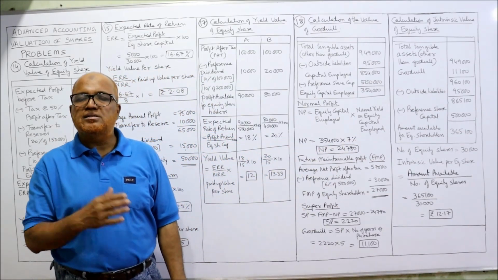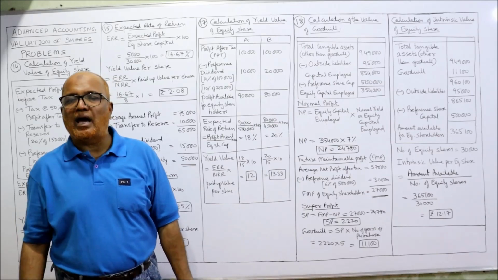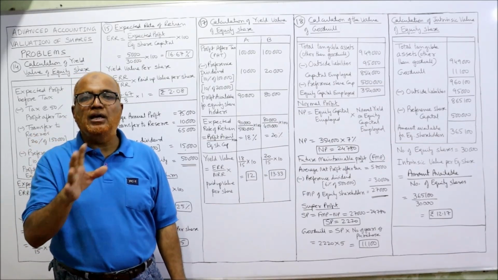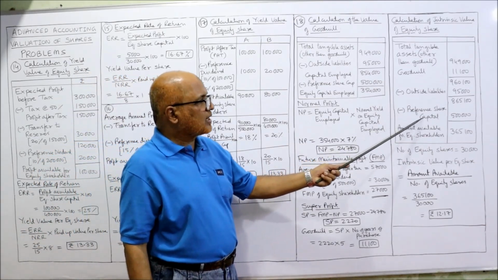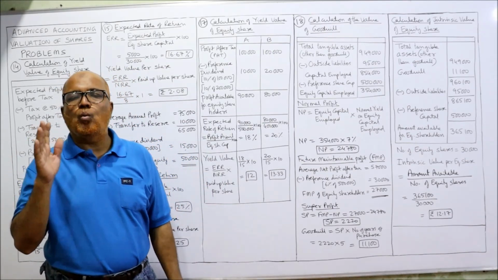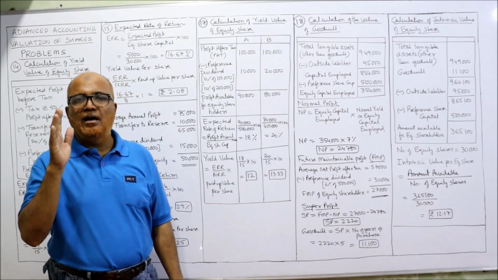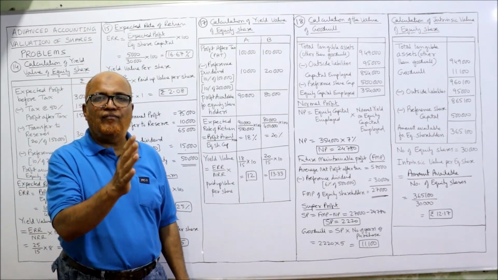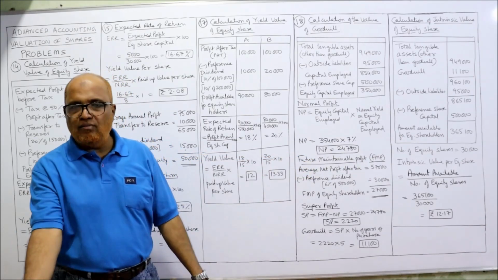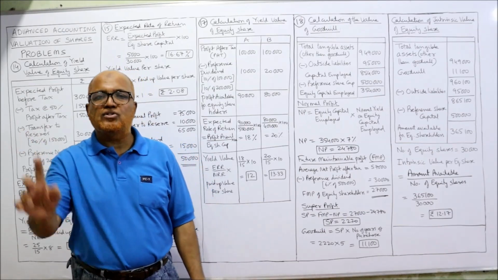From this subtract the preference share capital. We will get the amount available for equity shareholders. The preference share capital 5 lakh. So we get 3,65,100 and this is the amount available for equity shareholders. Number of equity shares given in the problem, 30,000 total number of shares.